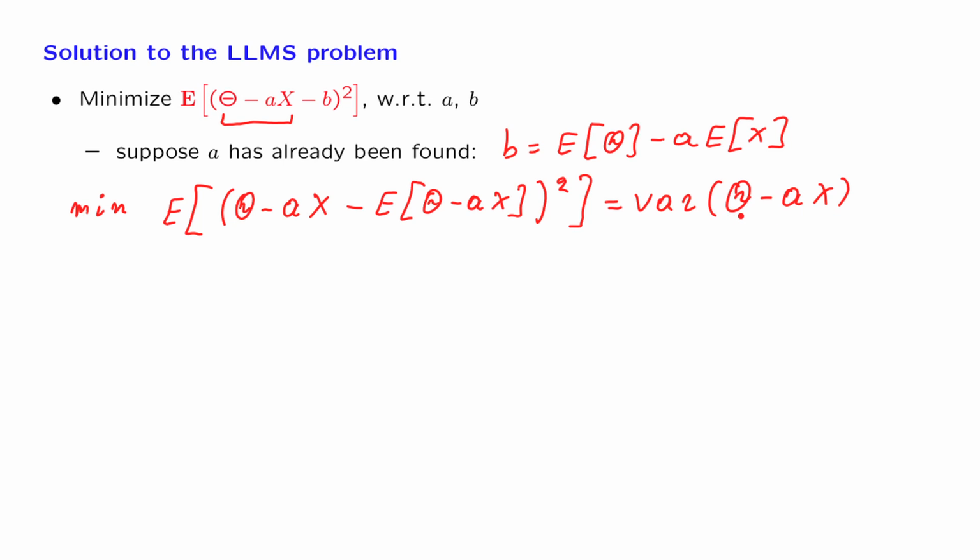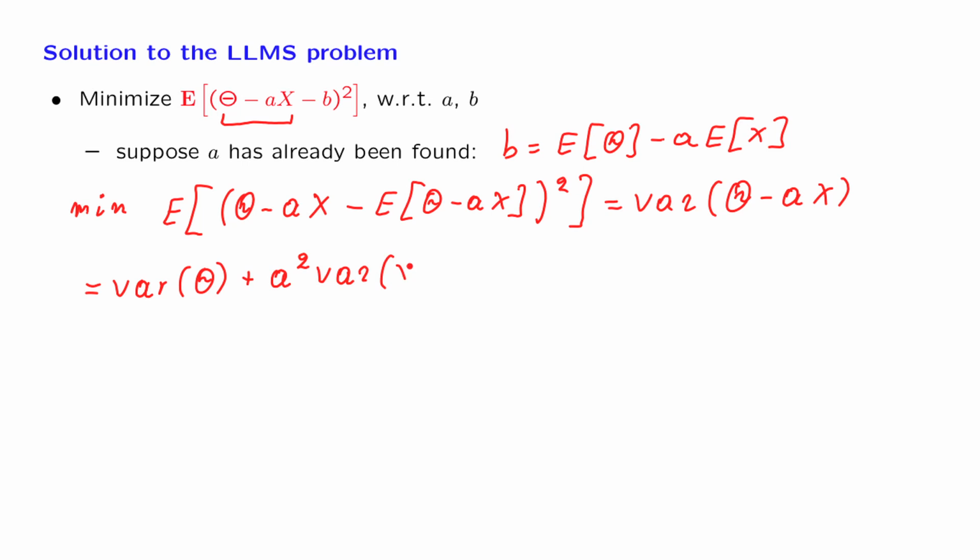Because the two random variables are dependent, this is not just the sum of the individual variances, but we do have a formula even for the general case, and the formula tells us that the variance of the difference of two random variables is the variance of the first random variable plus the variance of the second, and when we pull a outside the variance, that gives us a contribution of a squared.